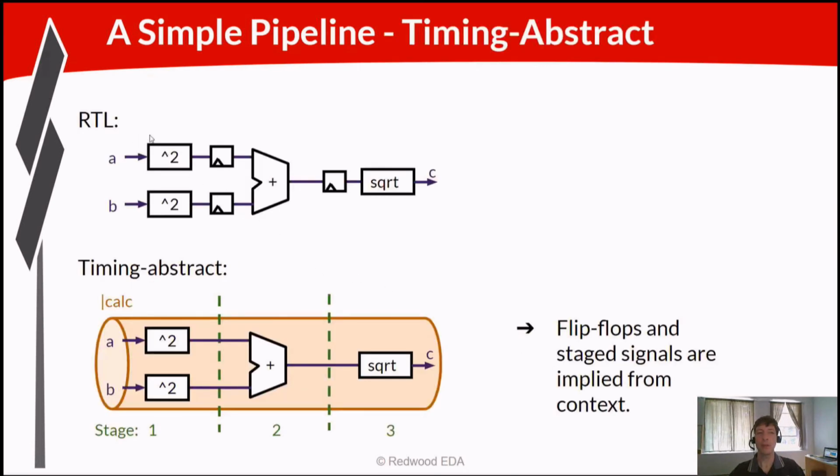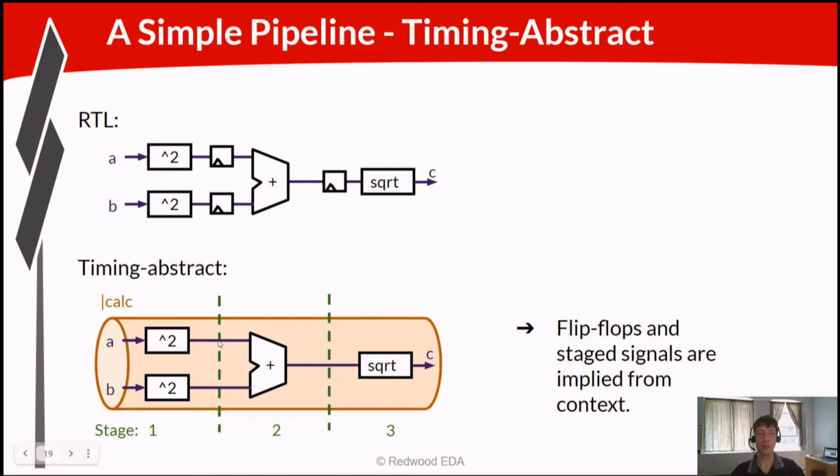The way to view this circuit in a transaction level mindset is to put this computation in a pipeline. So we've drawn our 3-stage pipeline. We've drawn logic in each stage of the pipeline. You'll notice in this drawing I have taken out the flip-flops.